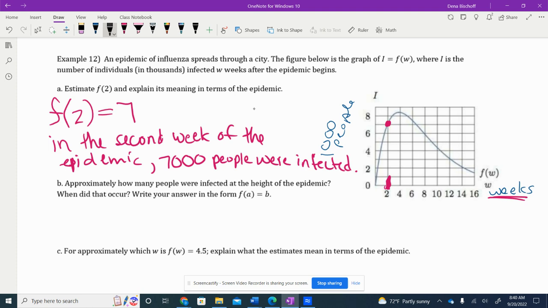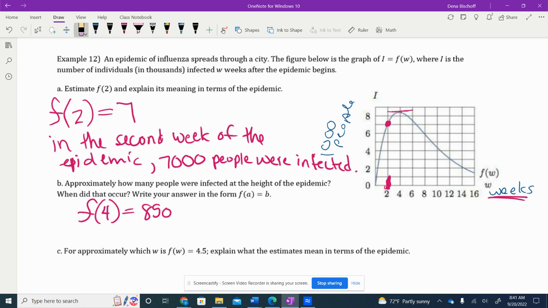Where's the most amount of people being infected? It's a little bit above the 8. 8,500. When did that happen, Isaiah? After how many weeks? 4. Yeah, so F of 4 equals 8,500.